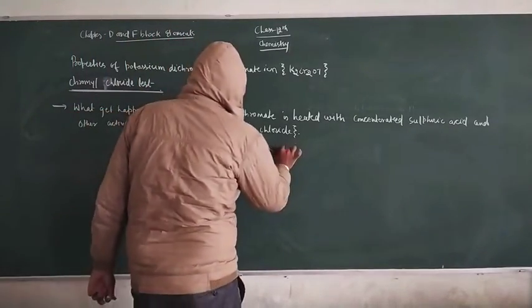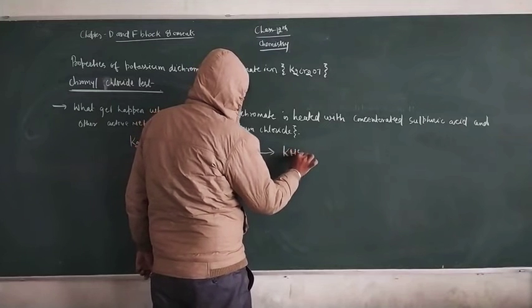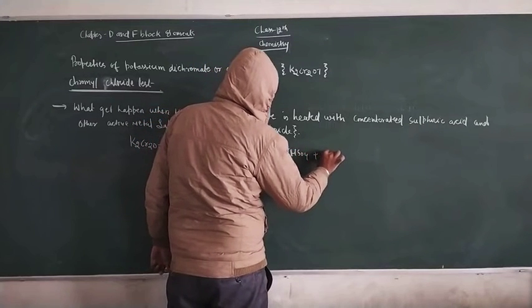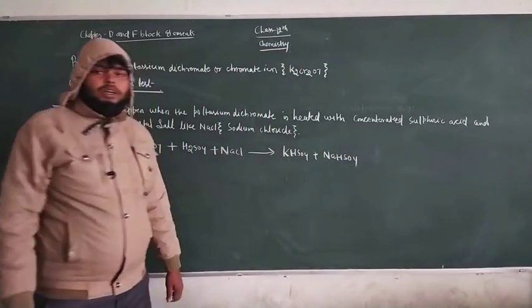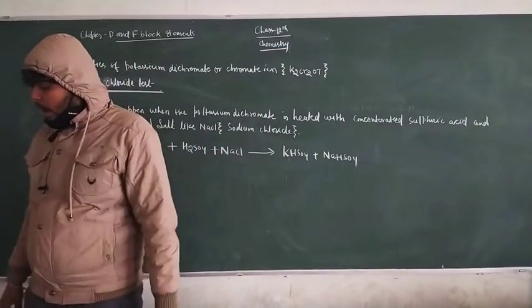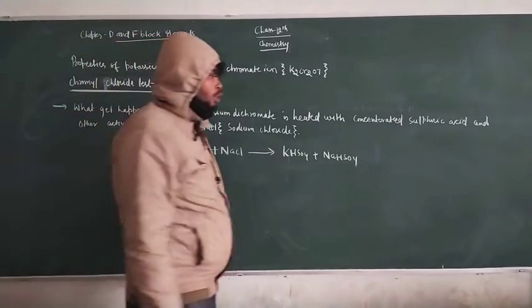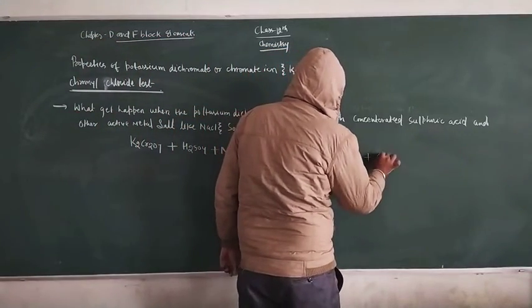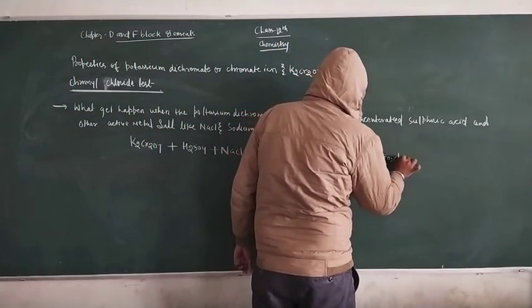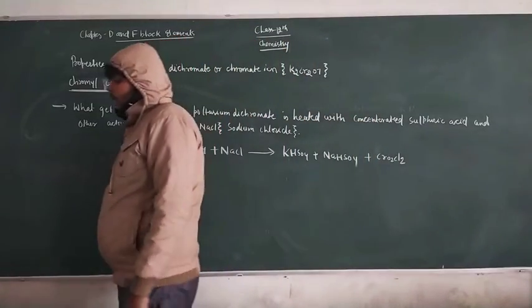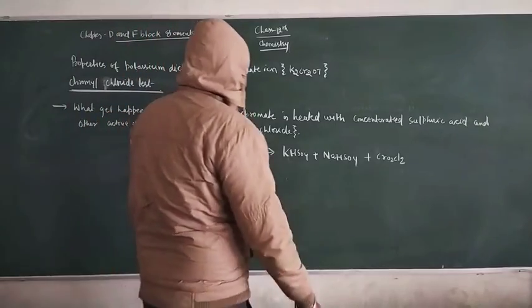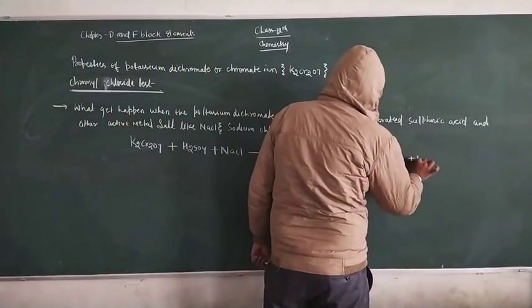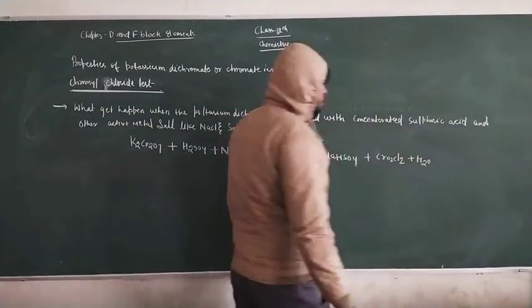The products formed are KHSO4 plus NaHSO4, potassium hydrogen sulfate and sodium hydrogen sulfate, plus chromyl chloride, that is CrO2Cl2, and also H2O gets formed.